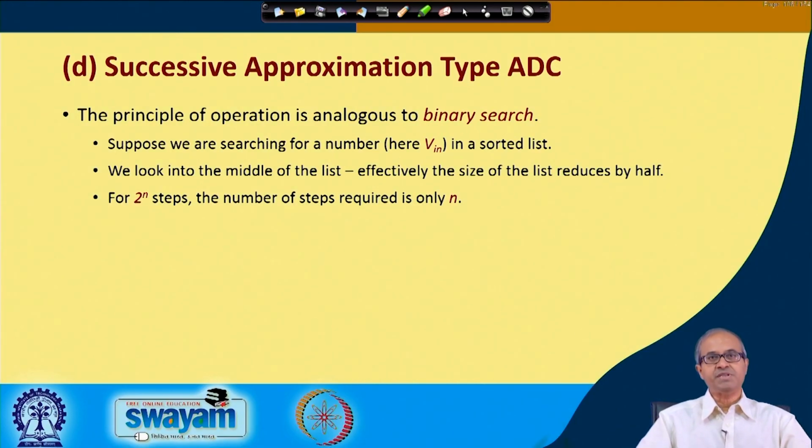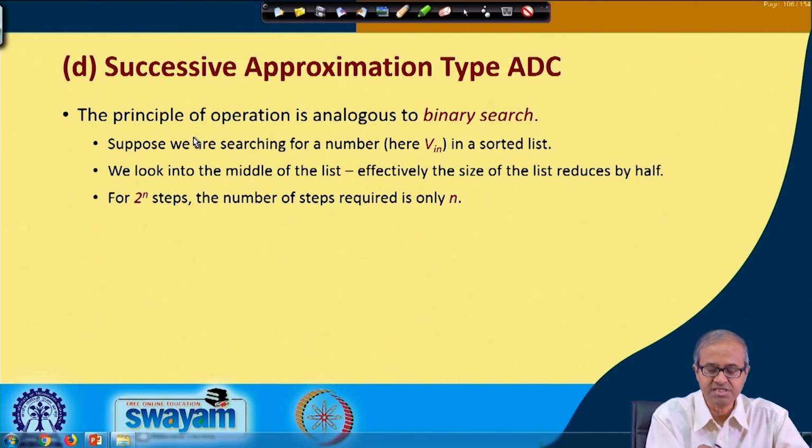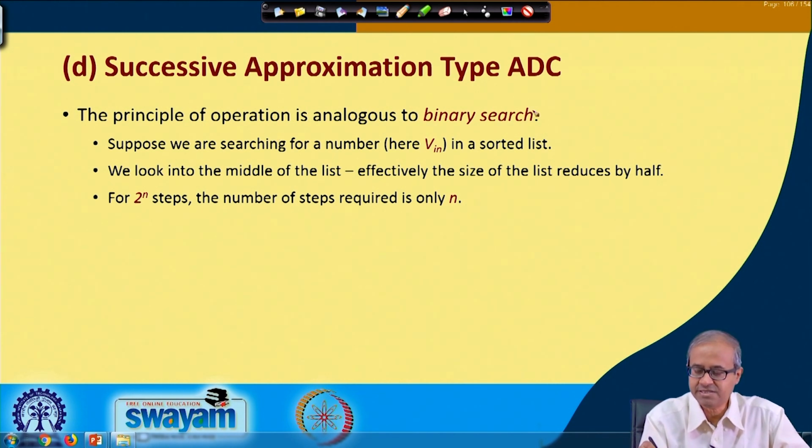This method of AD conversion that we shall be discussing now is called successive approximation type AD converter. The first thing to note is that the principle of operation is analogous or similar to binary search.